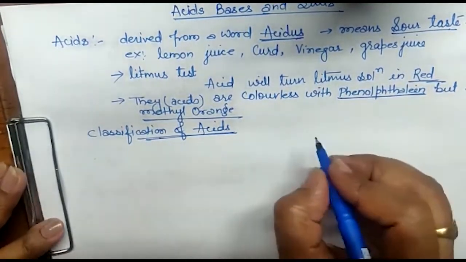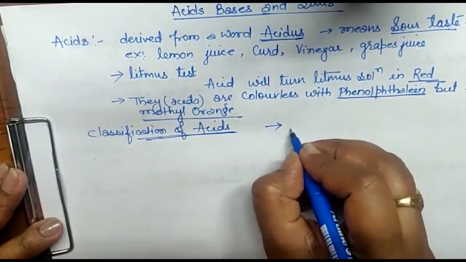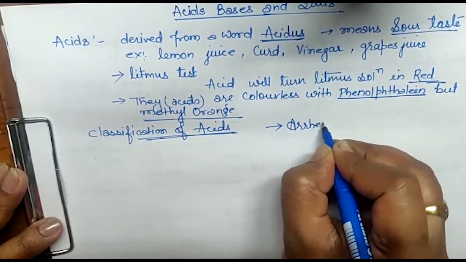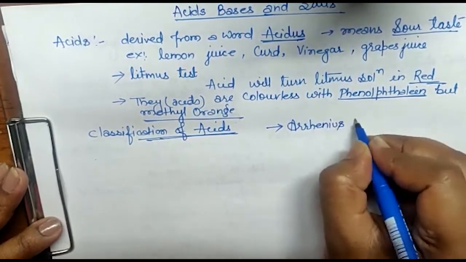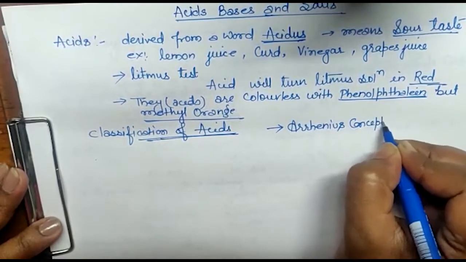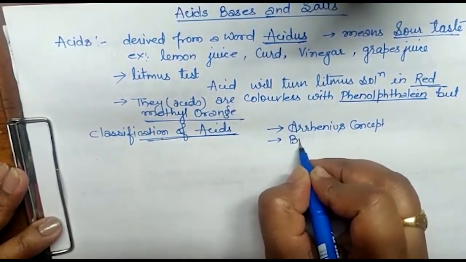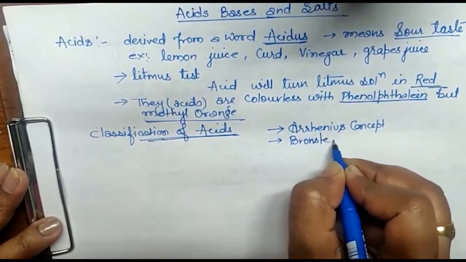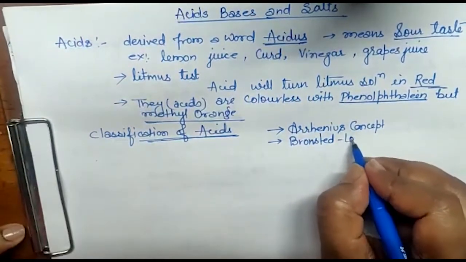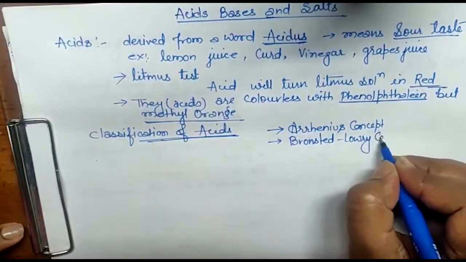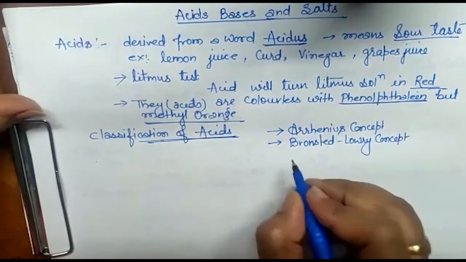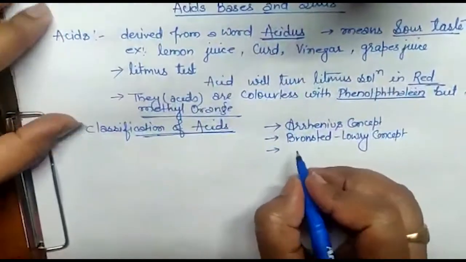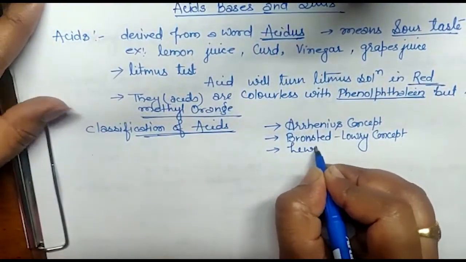It has three concepts. The first concept is the Arrhenius concept. The second concept is the Bronsted-Lowry concept, and the third one is known as the Lewis concept.